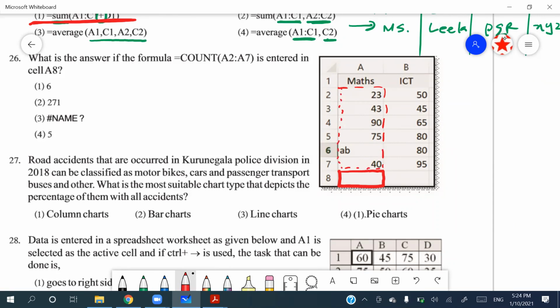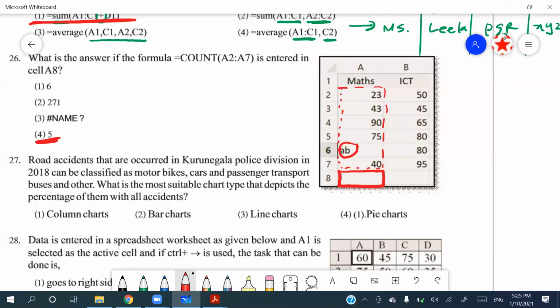Count only counts the values, so the text is not counted. It's going to count 23, 43, 90, 75, 40, which gives 5 as the number, right? So it's going to be the last one, the fourth answer for the 26th. It only counts the values, not the texts, right?